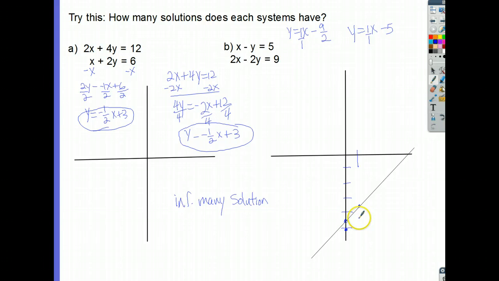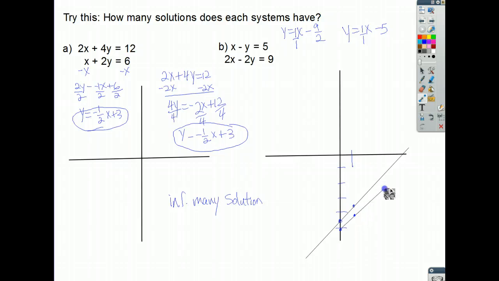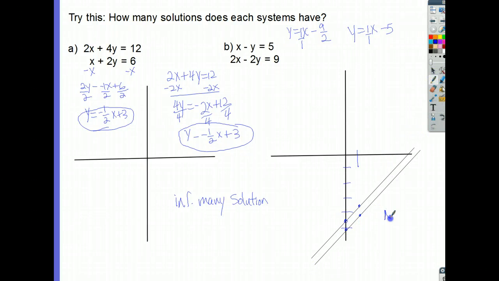Goes up 1 and over 1. And I think you can see we're looking at parallel lines here. Okay, and so this one would have no points in common, so no solution to the system.